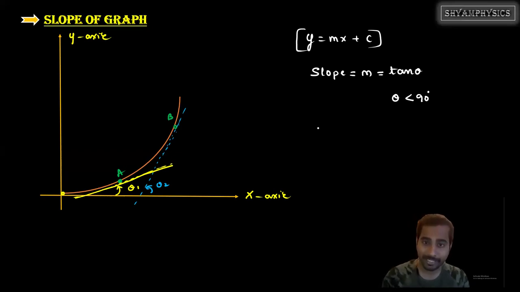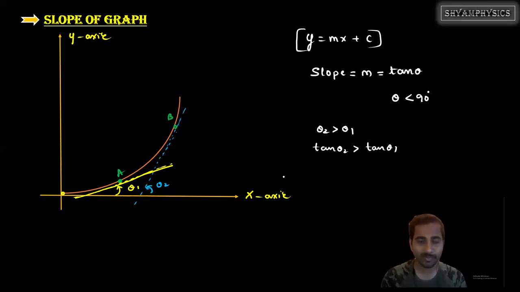If theta 2 is greater than theta 1, we can say tan theta 2 is greater than tan theta 1. Since tan theta represents slope, the slope at B is greater than the slope at A.